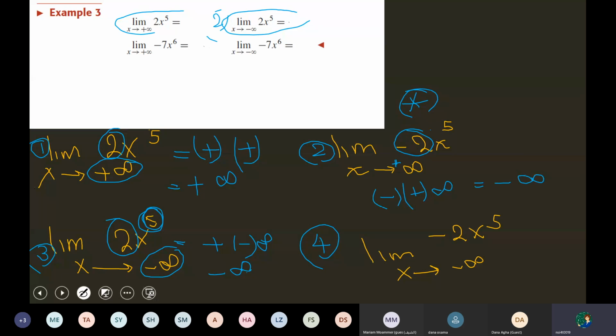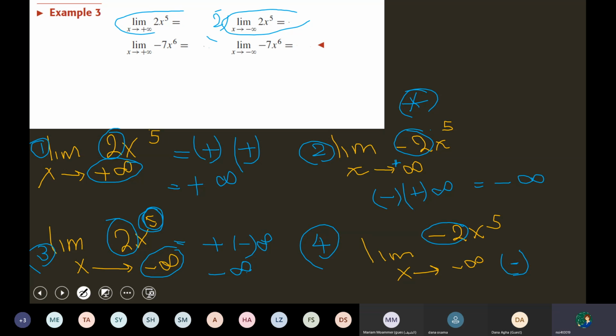Here we have limit of negative 2x raised to the power 5 when x approaches negative infinity. Look at the sign of negative 2. It's negative. And if I have limit of x raised to the power 5 when x approaches negative infinity, what will the sign of the answer be?